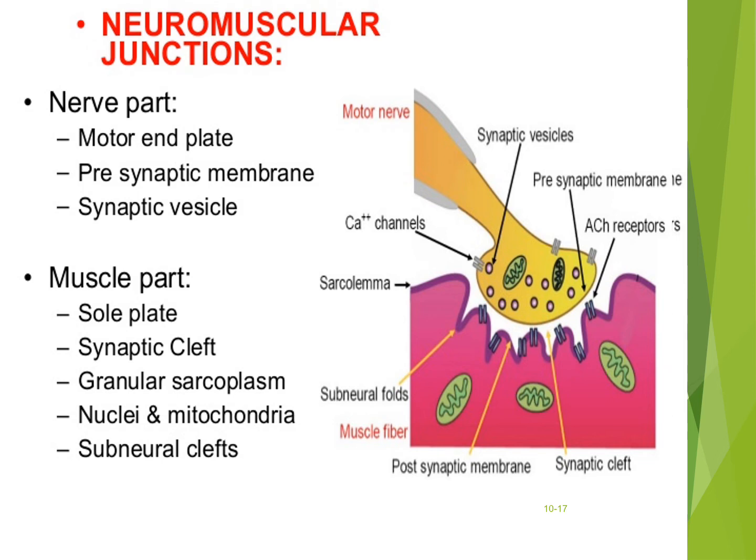Now we come to the neuromuscular junction. It has two parts. One is the neuronal part, and the second is the muscular part. The neuronal part is also known as a motor end plate. It has a presynaptic membrane that has synaptic vesicles. The muscular part is a sole plate that has synaptic cleft, granular sarcoplasm, nuclei and mitochondria, and subneuronal clefts.